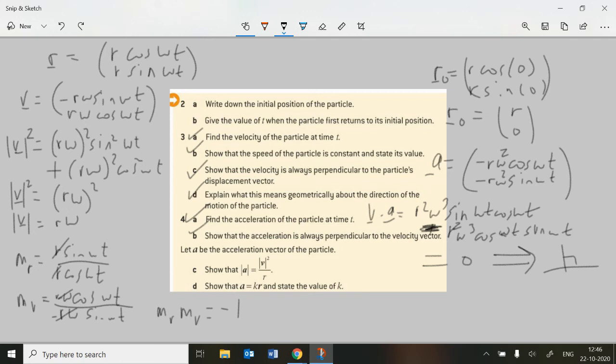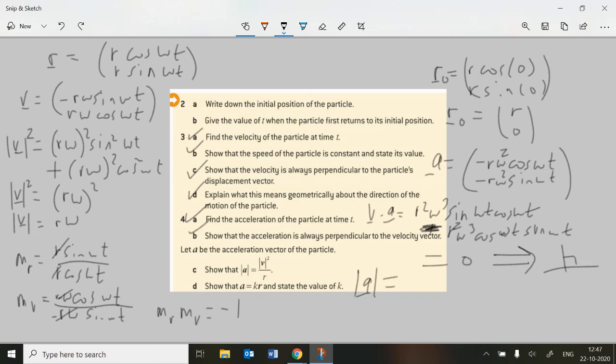Okay, right, and we've done that, and then let A be the acceleration vector of the particle. Show this, so simply going to part C, we're going to take the magnitude of A. Again, running out of space a little bit here, but if you square this and square this and add them together, you'll get A squared, and then you can factorize out this thing squared, and you'll be left with cos squared and sine squared again, which will become 1.